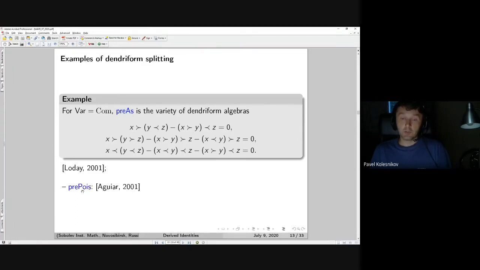Pre-Poisson algebras were also well known from the paper by Aguiar. And there are many other split identities under consideration, say pre-Jordan algebras and so on.